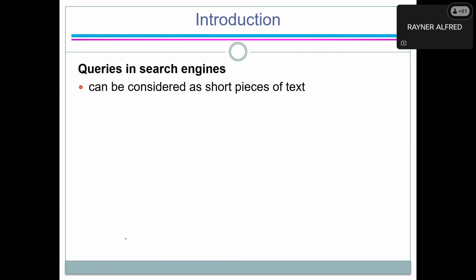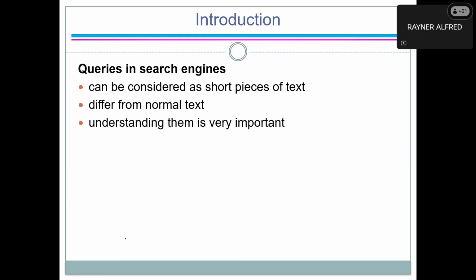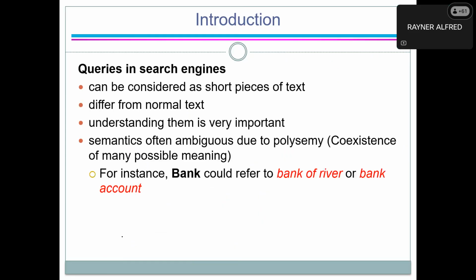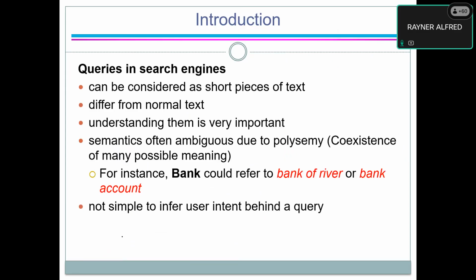A query in a search engine could be considered a short piece of text, different from normal text. So what we want to do is, when we do some query, we want to know what aspect or in what context the word is being used. For instance, bank could refer to a bank of a river or a bank account.